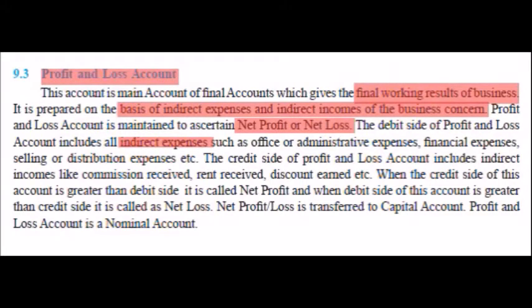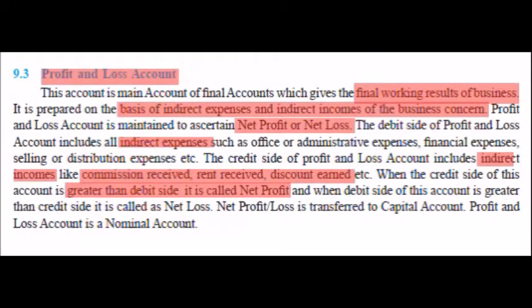Next, the credit side of the profit and loss account includes indirect incomes. In the credit side, we enter the indirect incomes, like commission received, rent received, discount earned, etc. When the credit side amount is greater than the debit side, it is called a net profit.